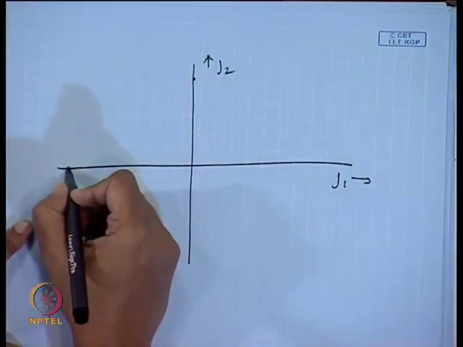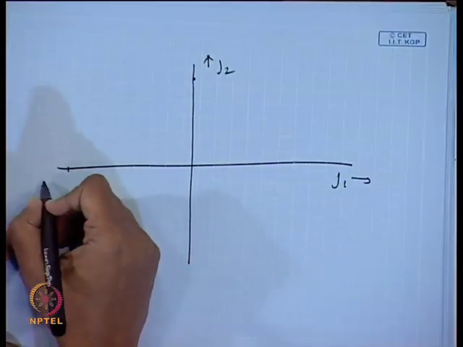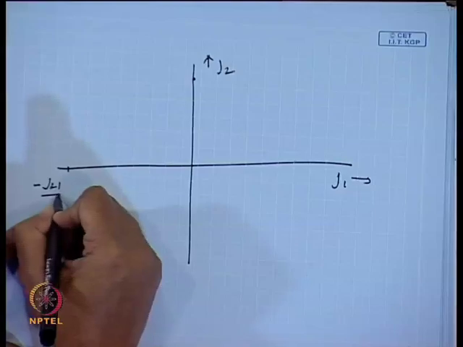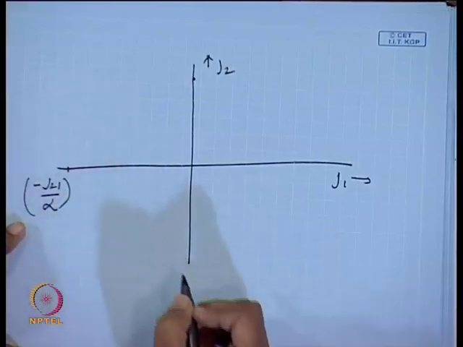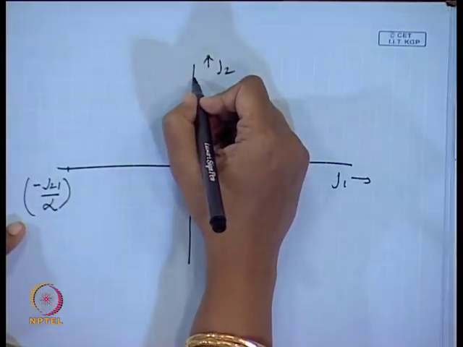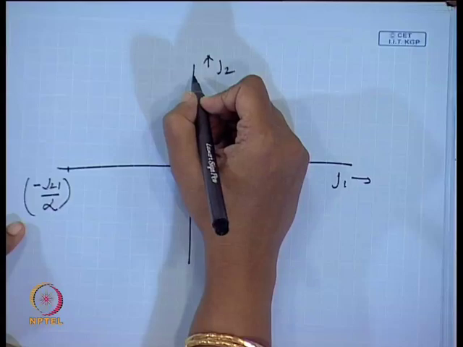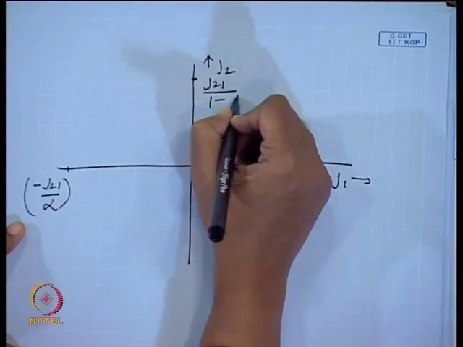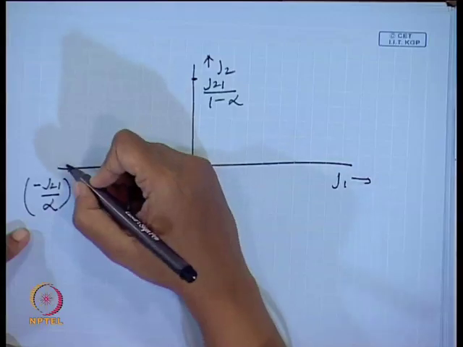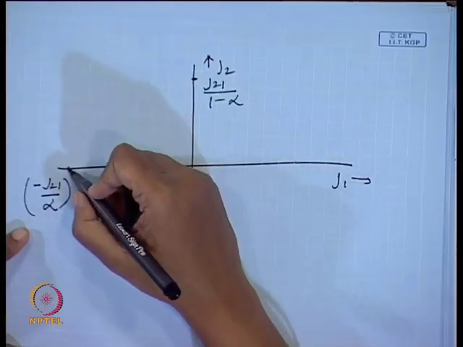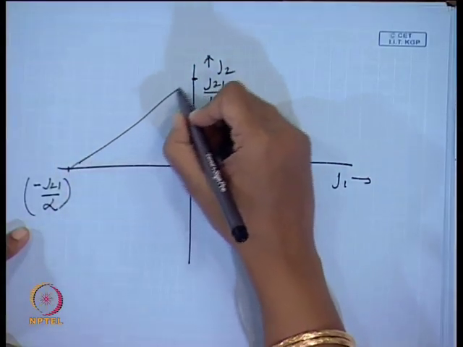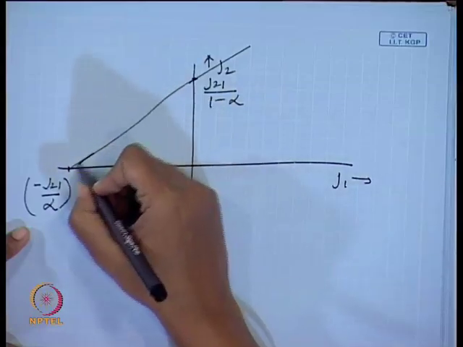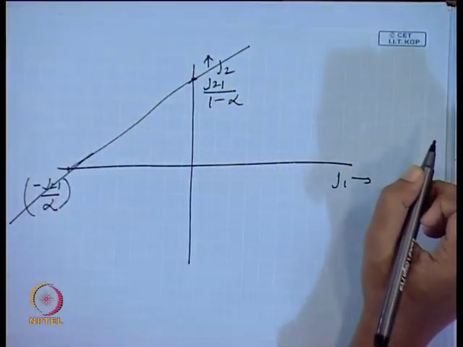So, it is always going to be minus J21 by alpha. What will be the intercept on the y axis? J21 by 1 minus alpha. So, therefore, what are we going to get? We are going to get a straight line something of this sort.